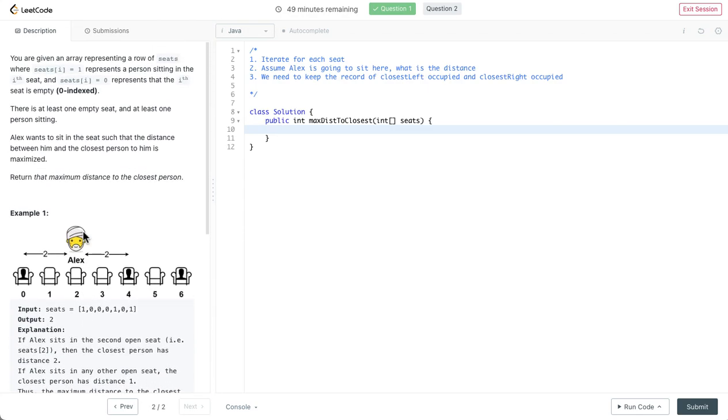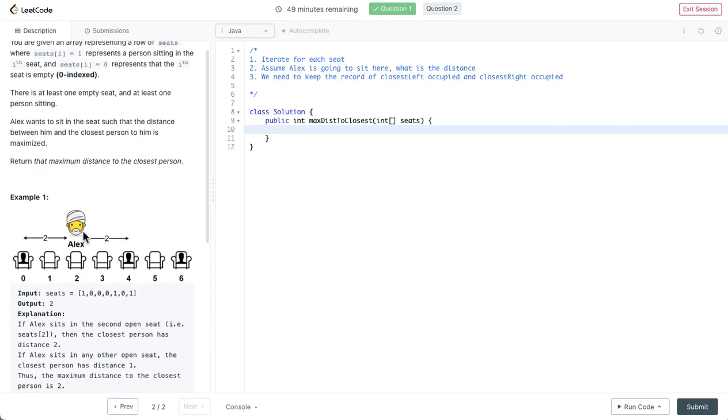So we want to know the maximum distance. So this is the maximum distance. So it's going to be 0. Let me go to here's length.